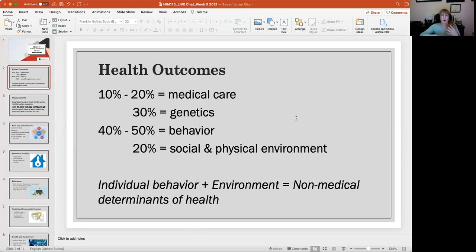So individual behavior plus environment are the non-medical determinants of health.